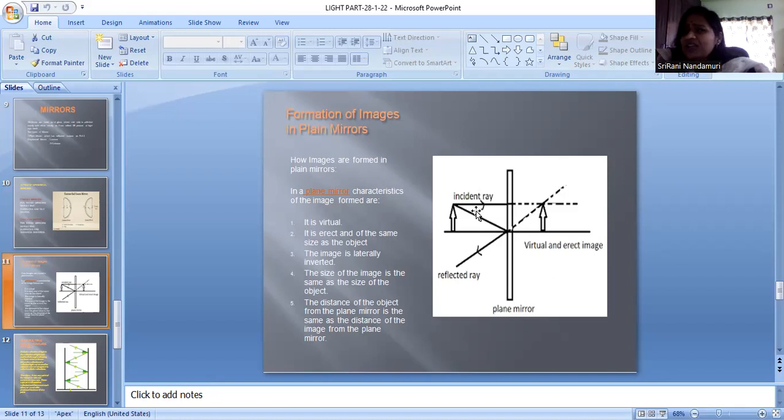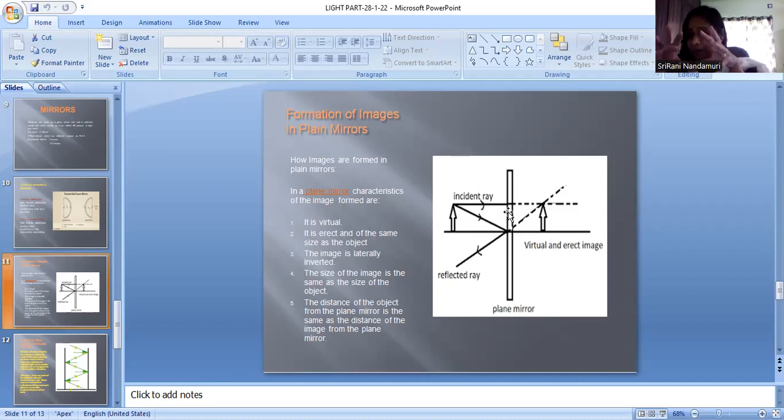How are images formed in mirrors? You have to know. Images are always formed where the incident ray and the reflected ray join at one point.